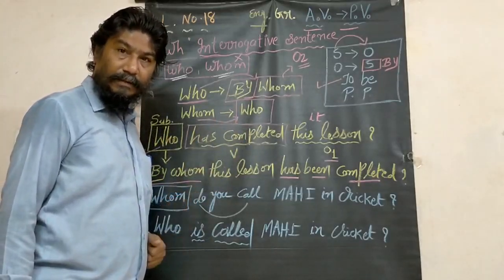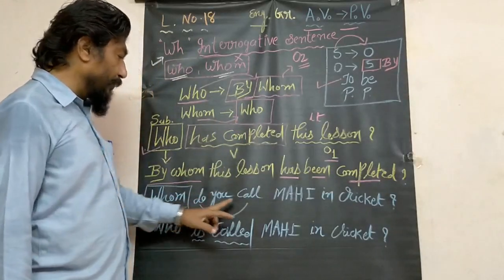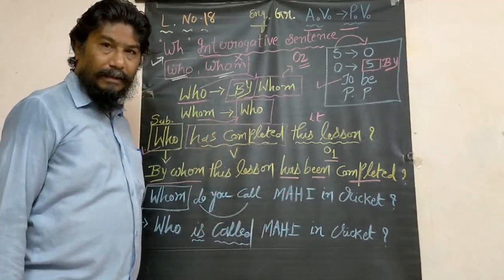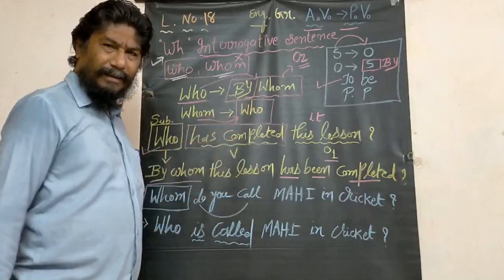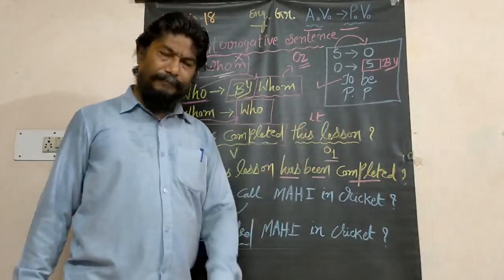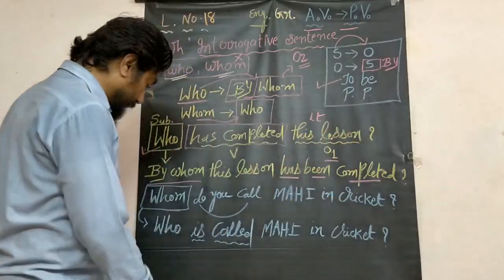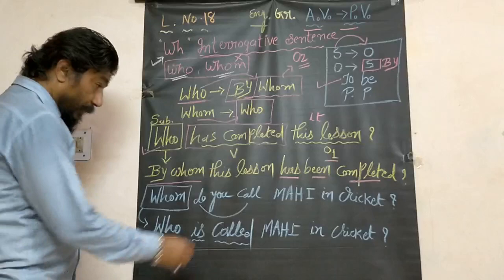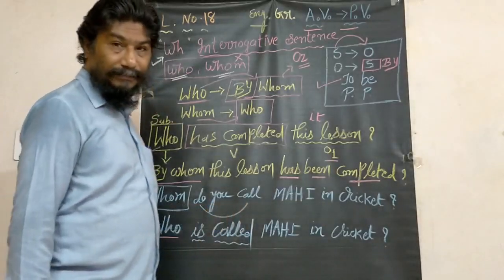Got the idea? Now I'll tell you, whom do you call Mahi in cricket? On ground, in cricket, game, whatsoever you will write. These all are the extensions. Now, whom is converted into who. Do you call is equal to simple present tense.